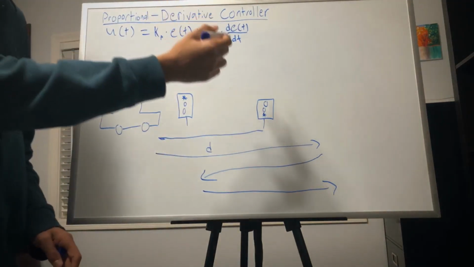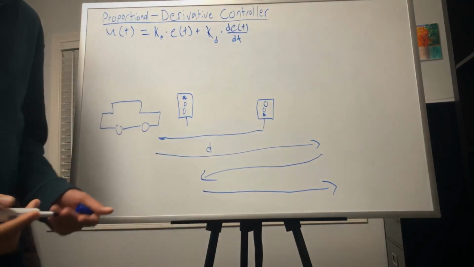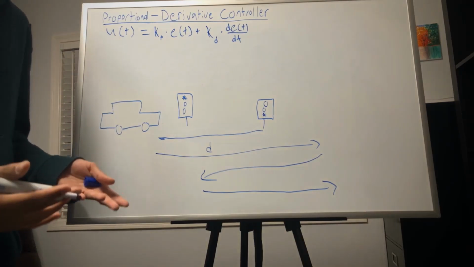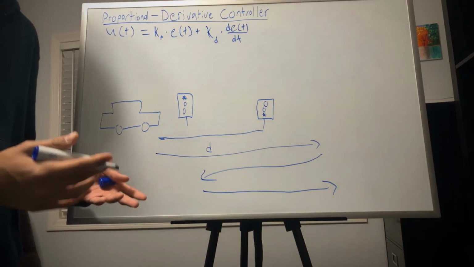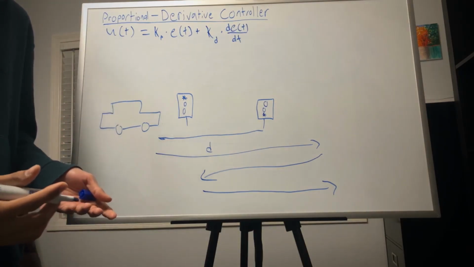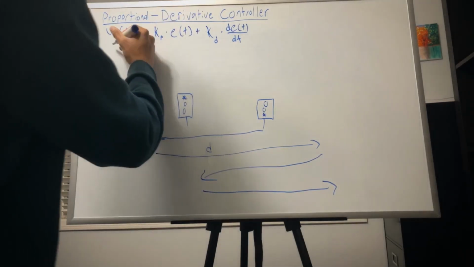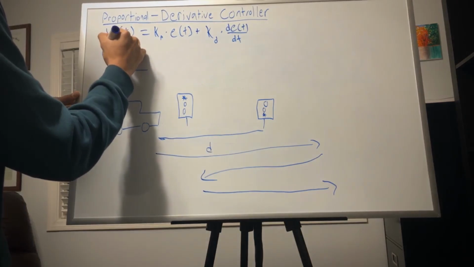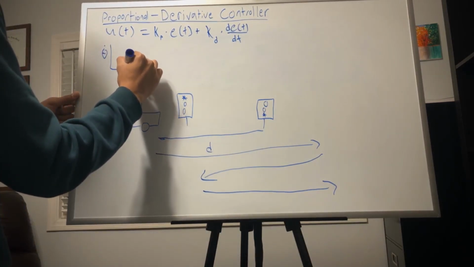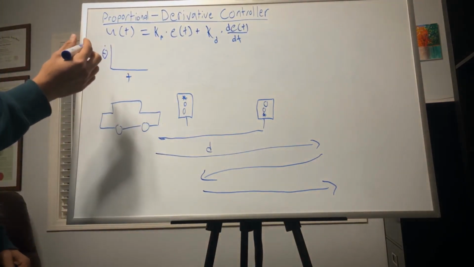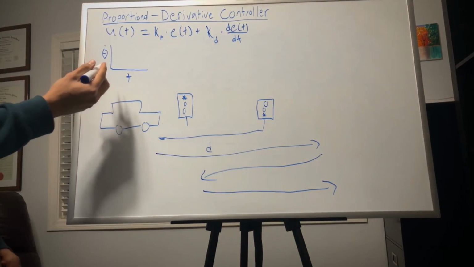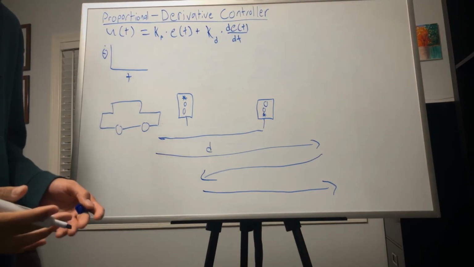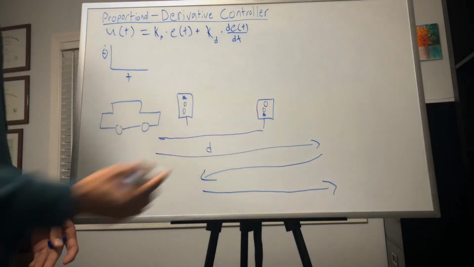When we add in the second term, we're going to be taking into account how our error is changing over time. So whether it's increasing, decreasing, or just not changing at all. So I'm just going to redraw our graphs real quick with a few extra changes. This graph is going to be the rate of change of our angle position over time, so how we're changing our pedal position over time as we're approaching the second stoplight.